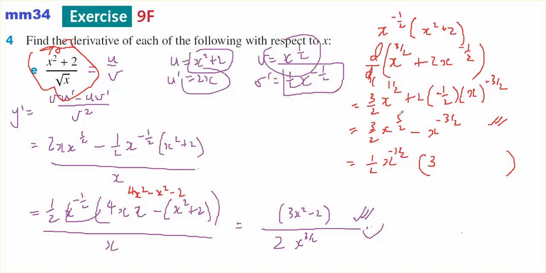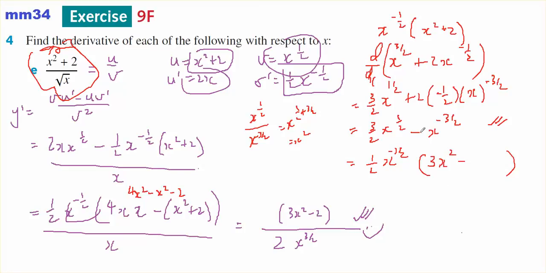I have x to the half divided by x to the minus 3 on 2, so that's x to the half divided by x to the 3 on 2, which is x to the half plus 3 on 2, which is x squared.